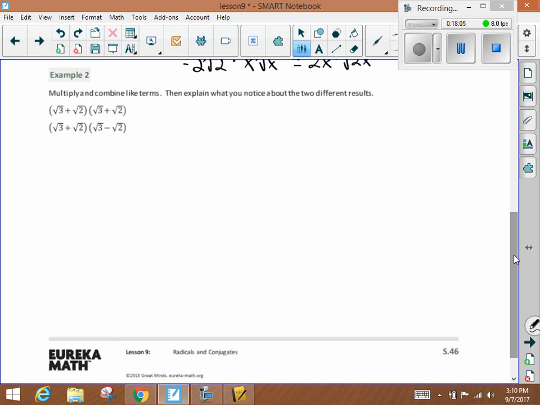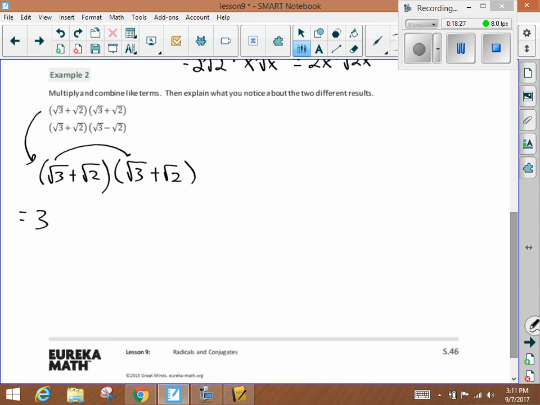All right. Hey, let's go ahead and multiply these two things. First, let's do this one. So this is the square root of 3 plus the square root of 2 times the square root of 3 plus the square root of 2. All right, so square root of 3 times the square root of 3 is 3, right?